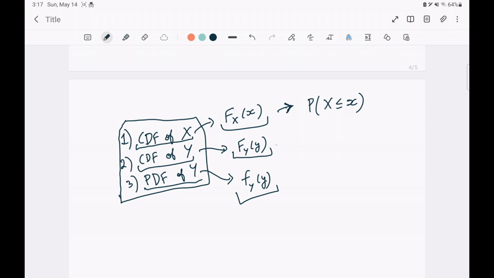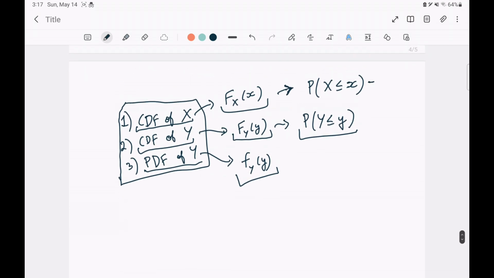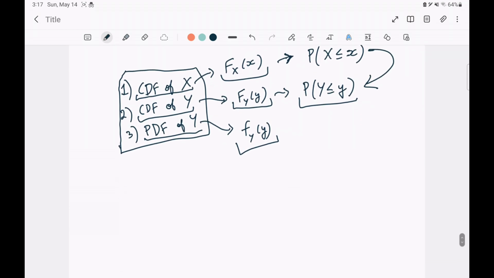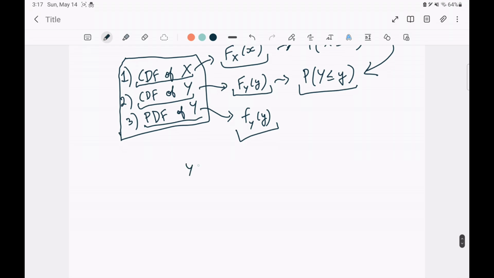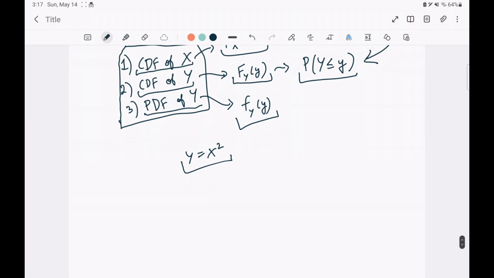Now we have to find the cumulative distribution function of y. So we will write this as capital Y less than or equal to small y. How do I convert this into a similar form? We will write y in the form of x square, as it was defined.